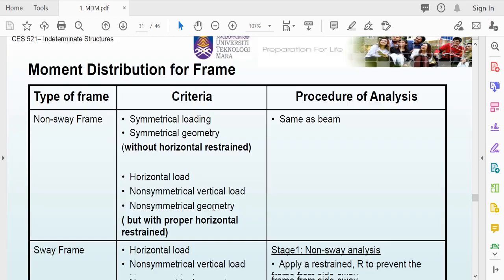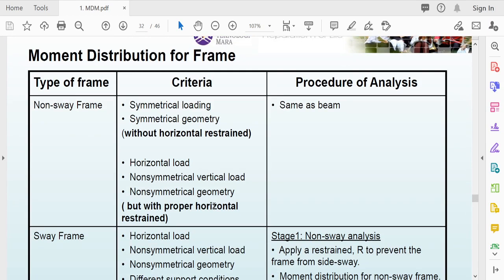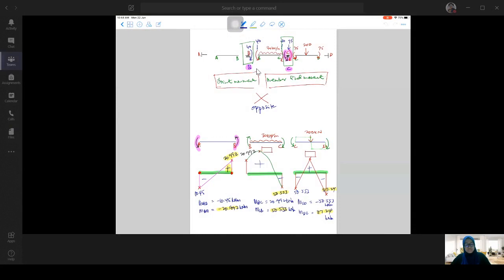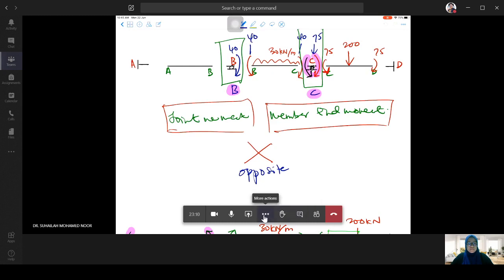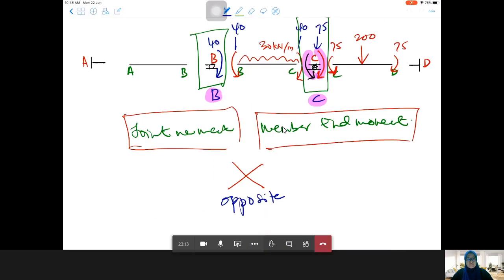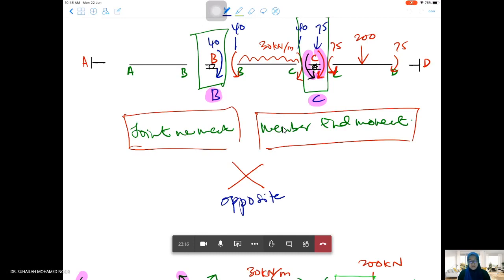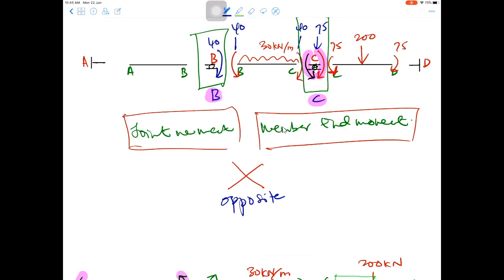Then straight away we move to frame. Don't worry, we will continue with the support settlement effect right now. Let's look at the question.